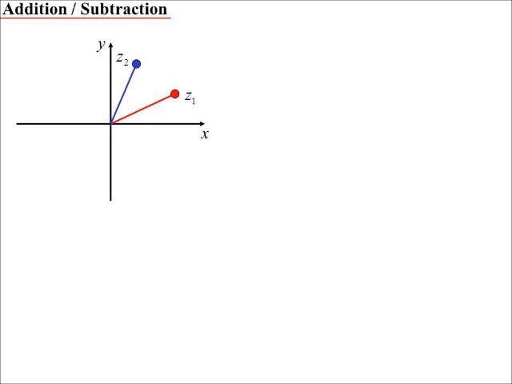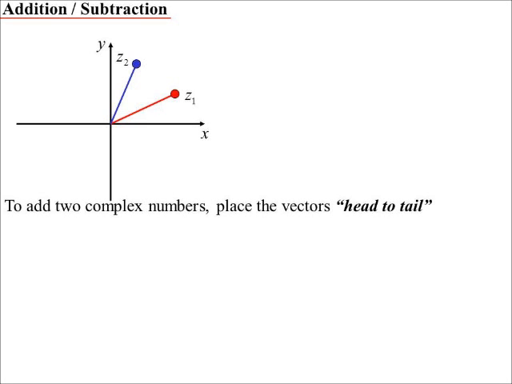So how do we add and subtract using a vector instead of algebra? Okay. So there's a point, Z1, and I've joined it up to the origin so I can create its vector. And there's another point, Z2. So I've now got a blue vector and a red vector. And if I want to add them, I simply place them head to tail. I put the head of one on the tail of the other, or vice versa.